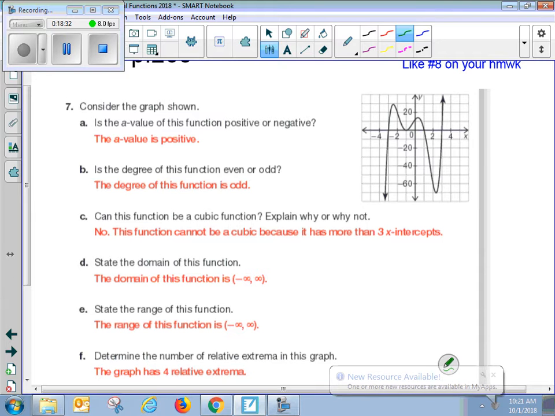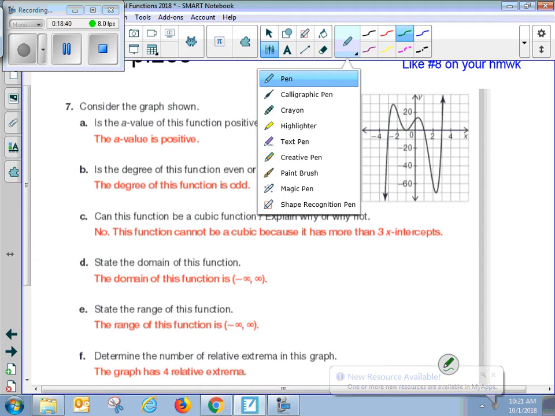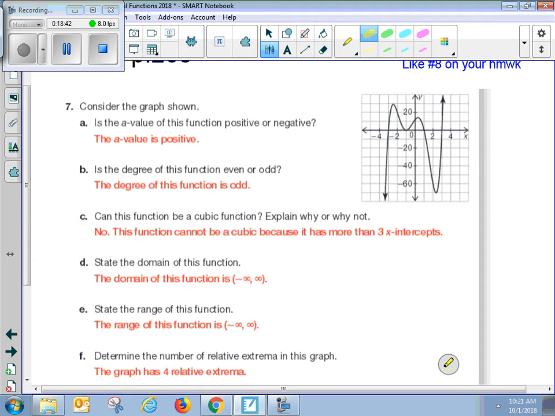Page 268, color over where you think it is increasing. Okay, so I highlighted for you where I think my graph is increasing.